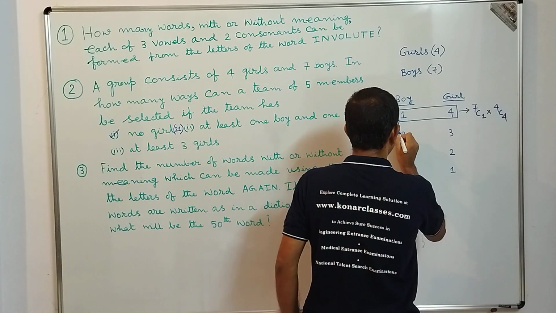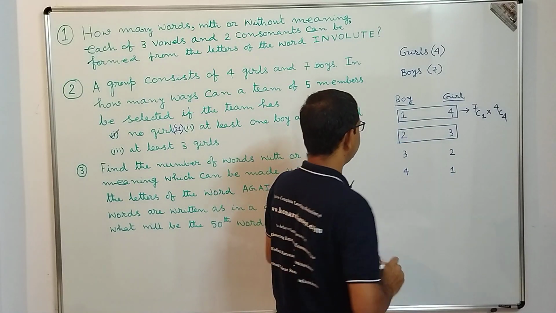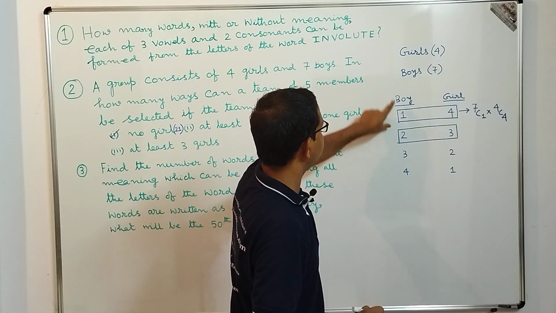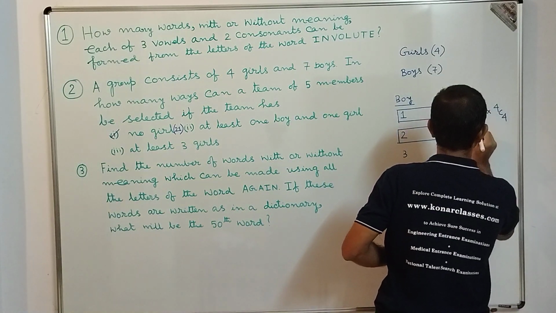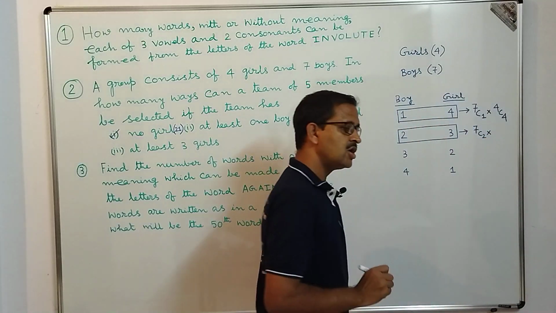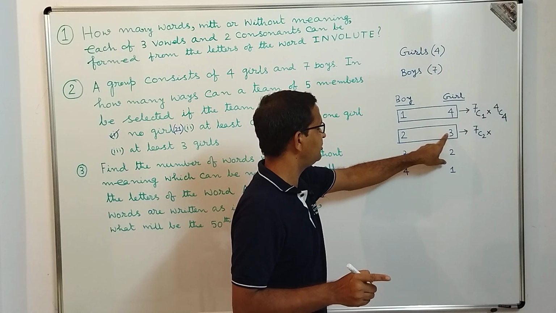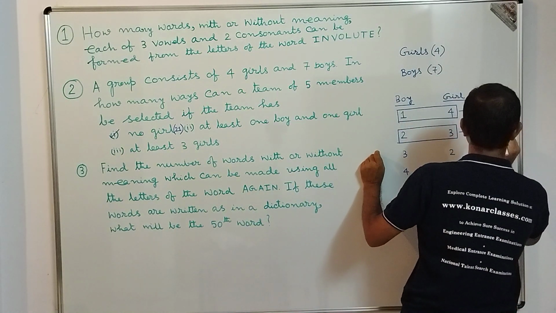In a similar manner, if we concentrate on the second criteria, that is 2 boys and 3 girls: in how many ways can we select 2 boys from the set of 7 boys? It is 7C2, and for each selection of the 2 boys from 7 boys, we can select the 3 girls from the 4 girls in 4C3 ways.